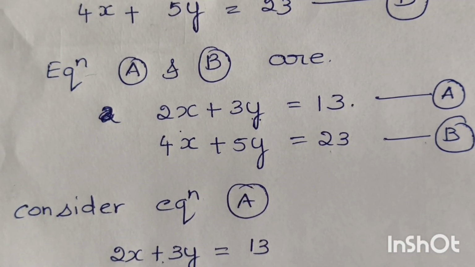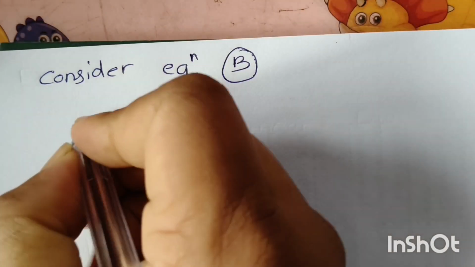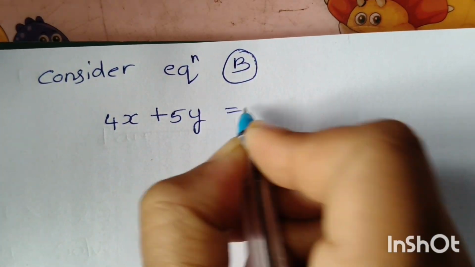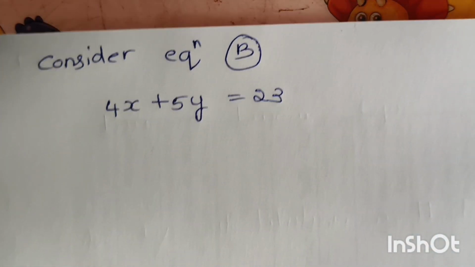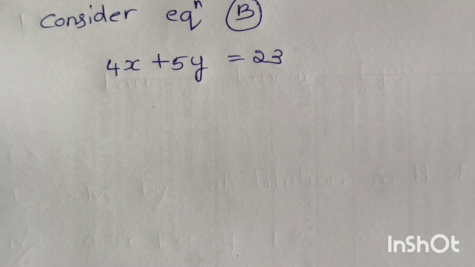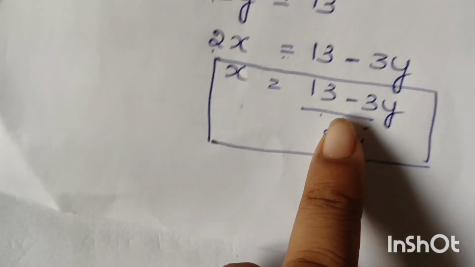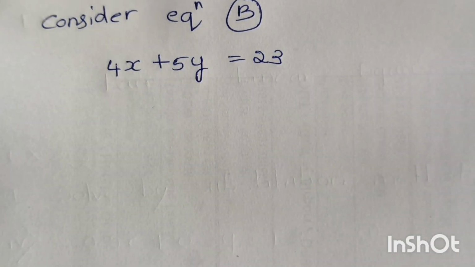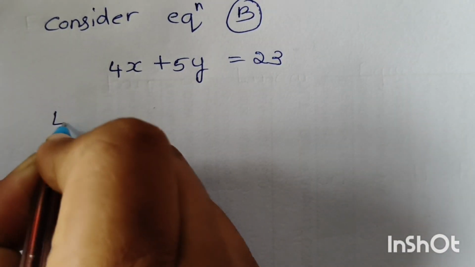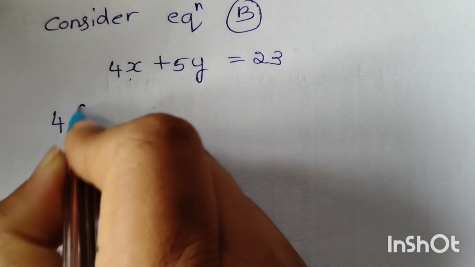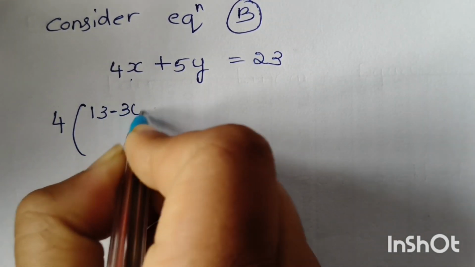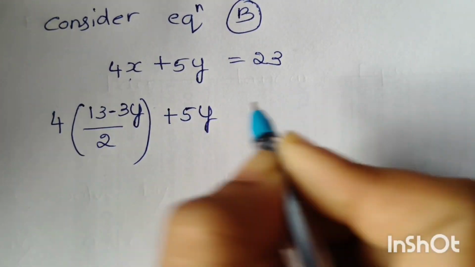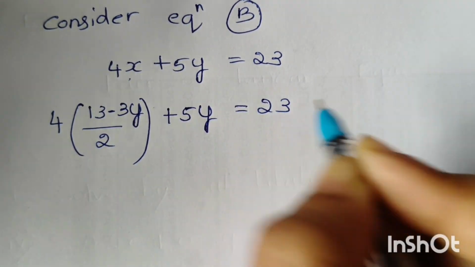This is our equation B. Now let us substitute x is equal to 13 minus 3y divided by 2 in this. That is 4. In the place of x, what will we write? 13 minus 3y divided by 2, plus 5y is equal to 23.